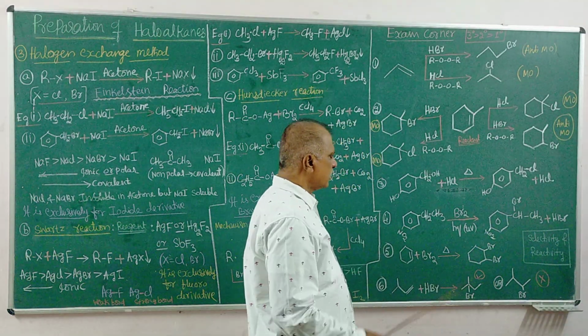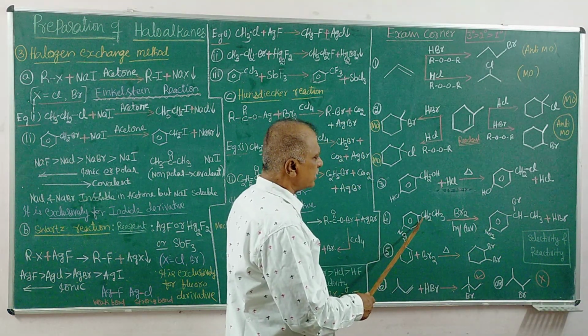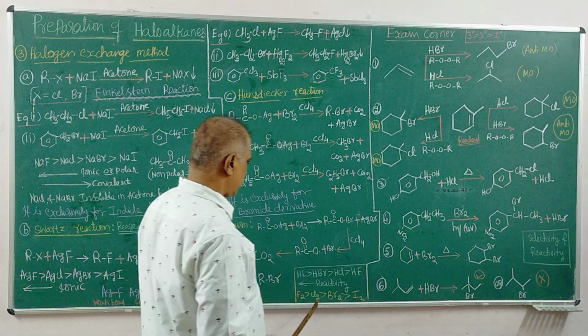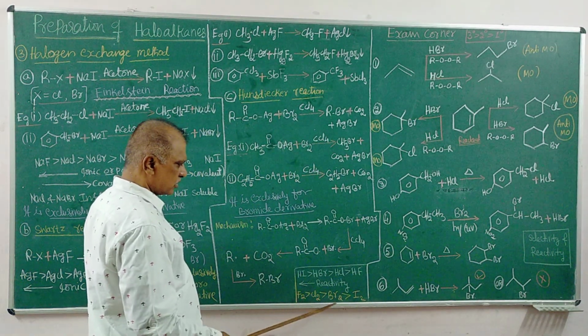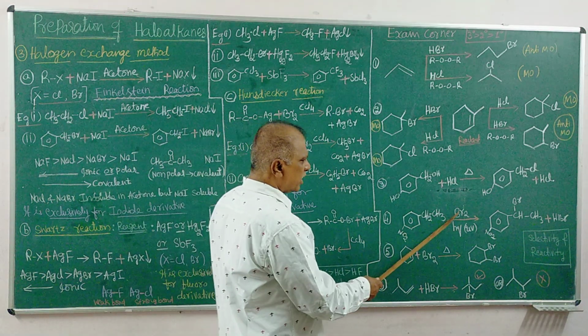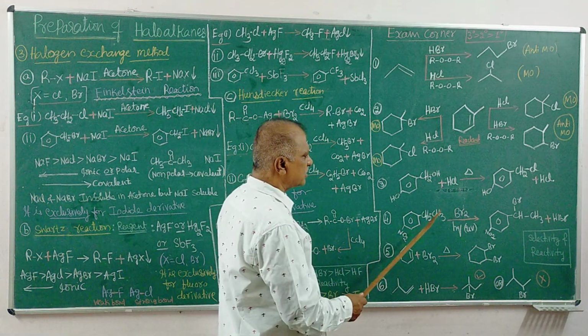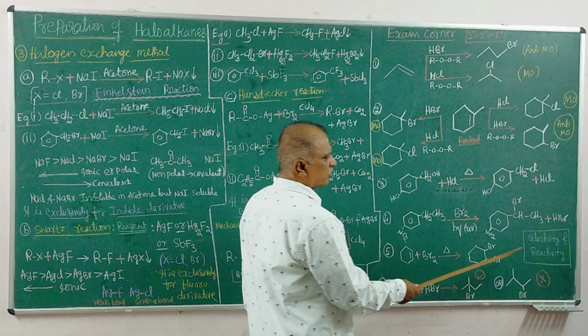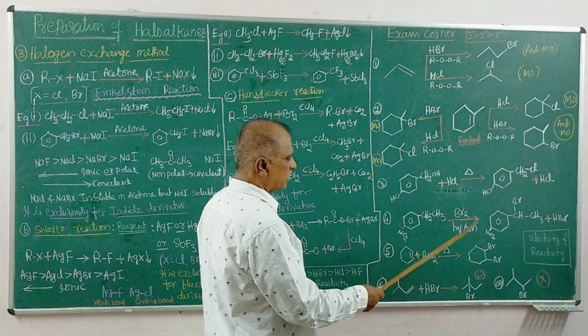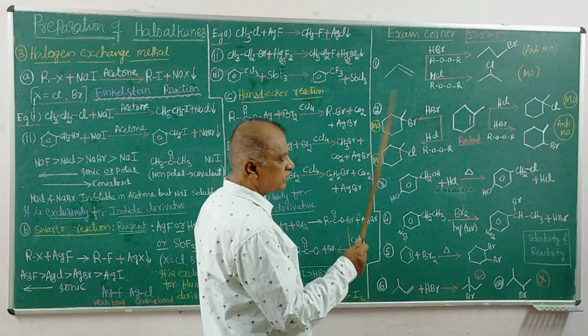The reason is that Br2 is selective. Between Br2 and Cl2, Br2 is less reactive, Cl2 is more reactive, so you prefer selectivity, not reactivity. Here I am talking about Br2 and Cl2, not HBr or HCl.